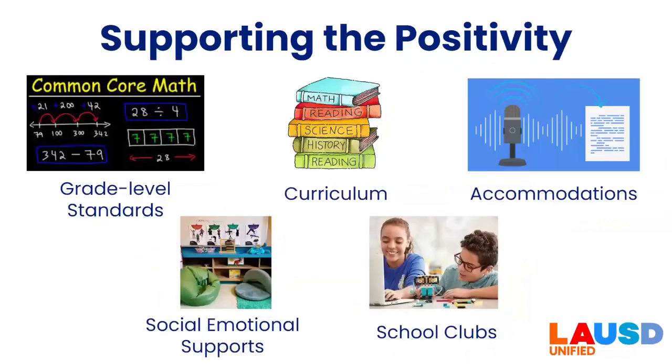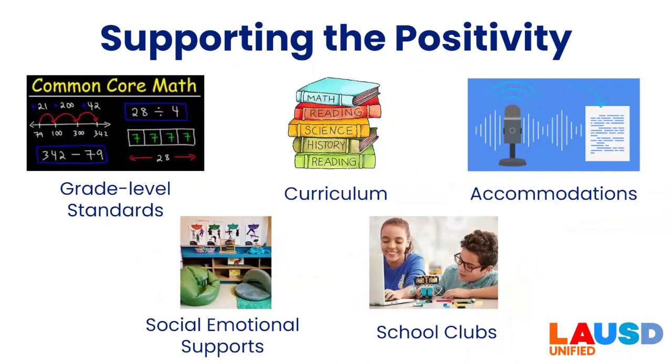There are many ways that we as teachers can support positive perception of students. We can have high expectations for all students and support them when meeting grade level standards. We can structure lessons and classrooms in a way to be sure that all students have access to grade level curriculum.